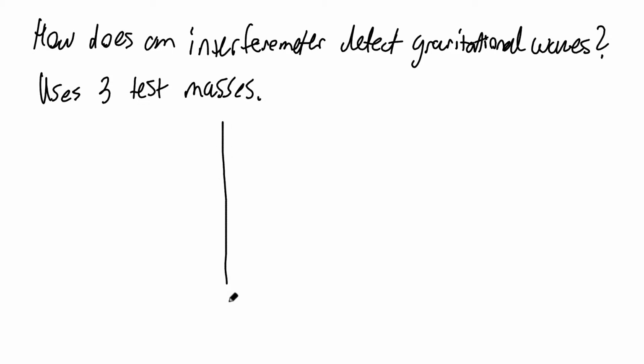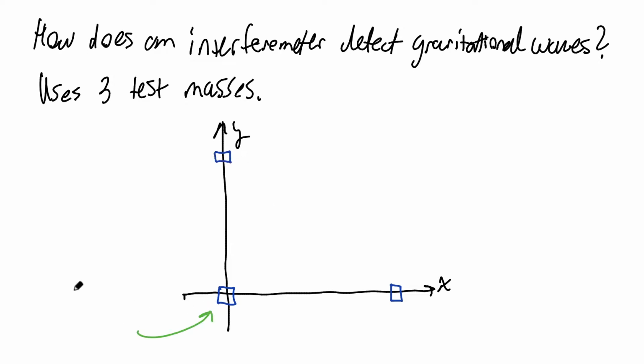So here's the y-axis, and this is the x-axis. One test mass sits at the origin, and the other 2 test masses are on the x and y axes. In the ground-based interferometers, this test mass is at the corner station, and these test masses are at the end stations.